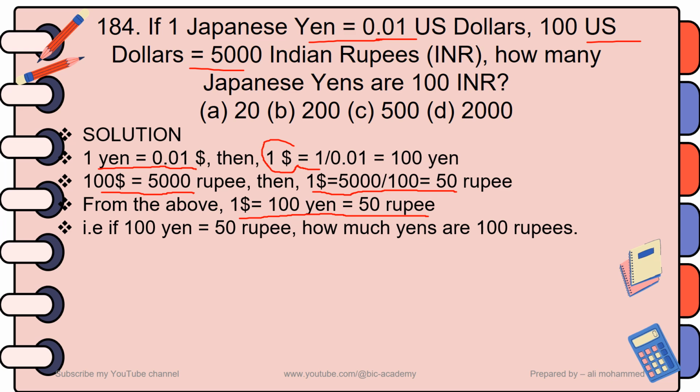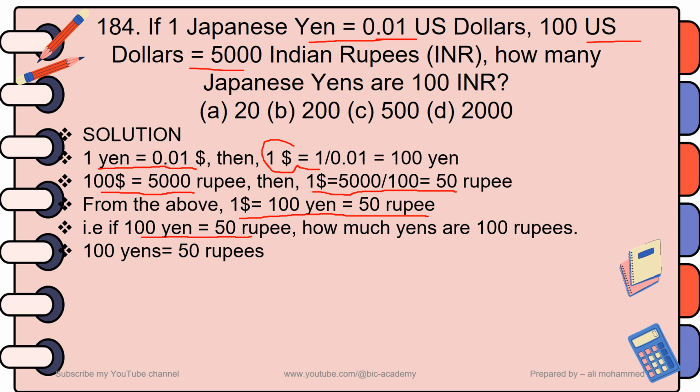Then you get this information, and if 100 yen is equal to 50 rupees, then how many yens are 100 rupees? You can crisscross and find out the amount of yens which are equal to 100 Indian rupees.